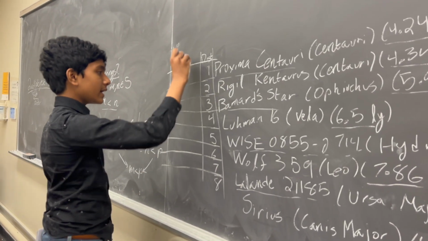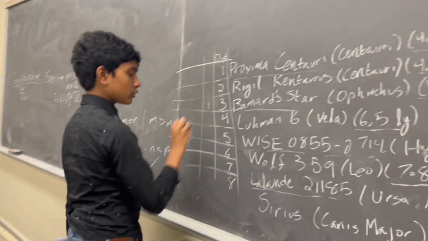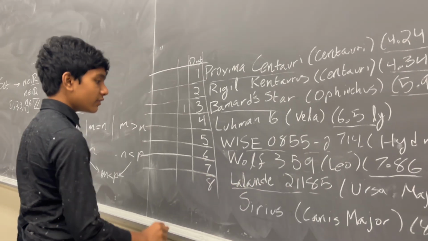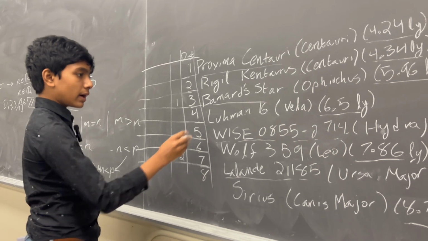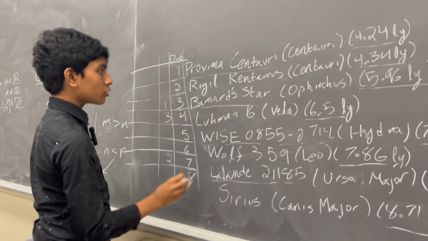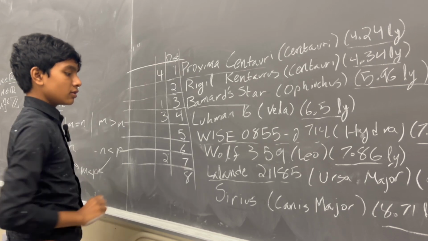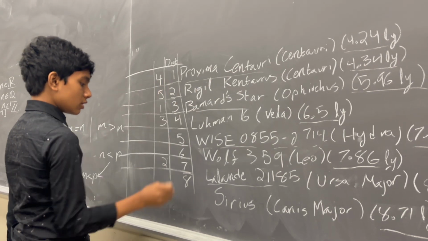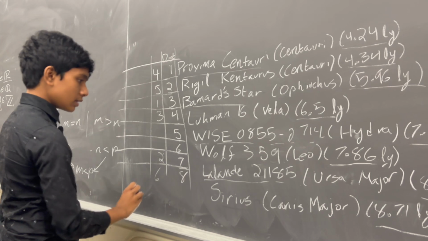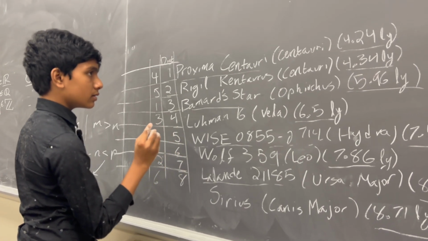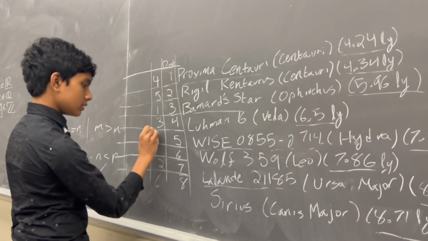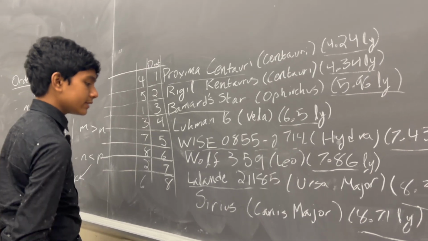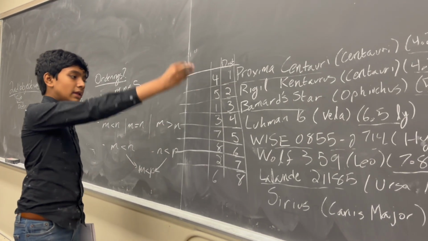For example, in this case, Barnard Star would come first because it starts with a B, followed by Lalande 21185, followed by Luyten 16, followed by Proxima Centauri, followed by Rigil Kentaurus, followed by Sirius, followed by WISE 0855 0714, and then at the end, Wolf 359. So that's a completely different ordering.